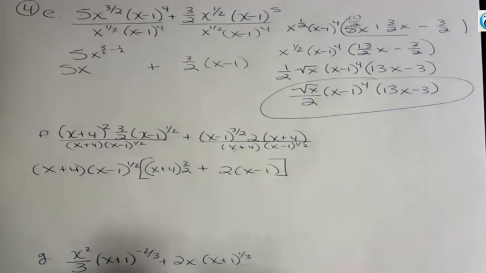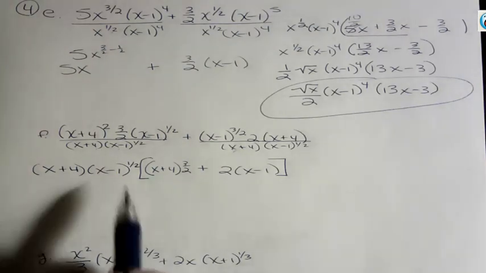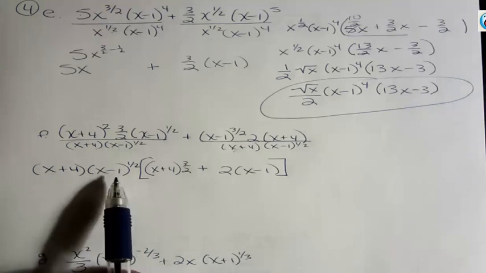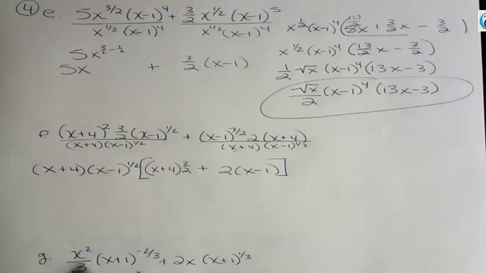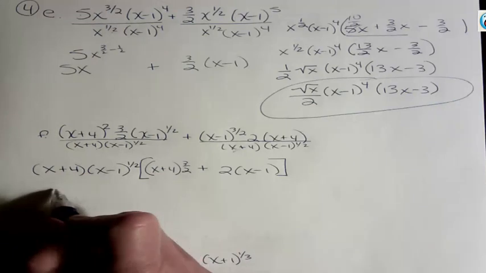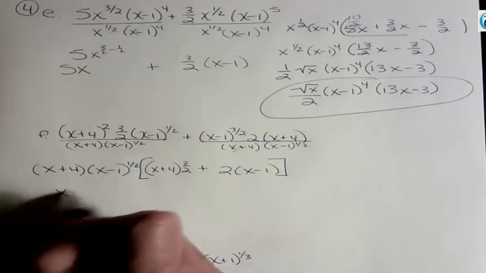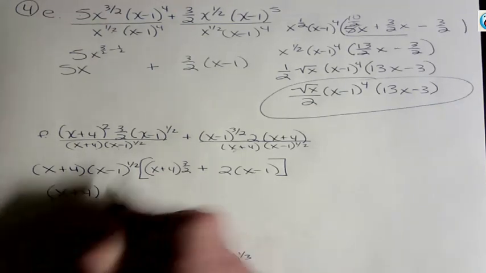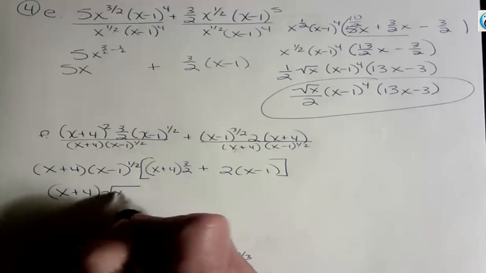Okay, I can write this as a square root if I want. It looks like that's kind of how they're wanting the answer. That's going to be the square root of x minus 1.